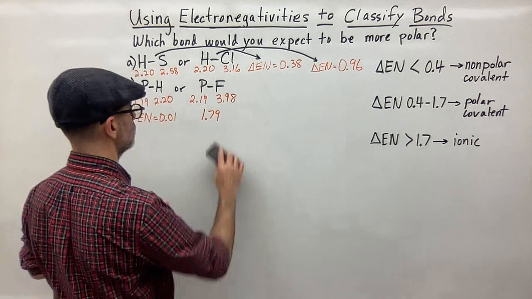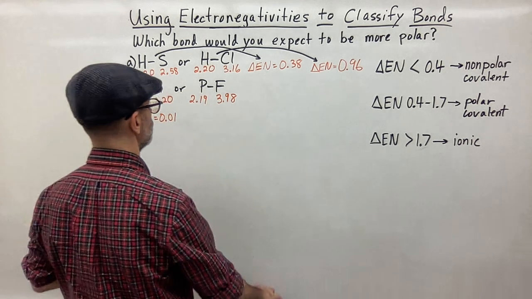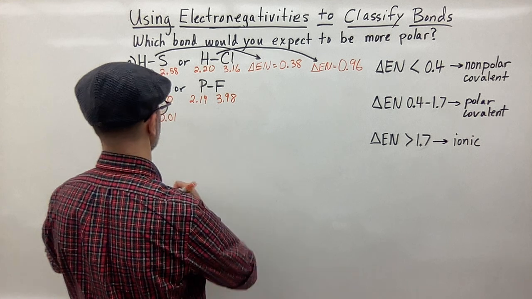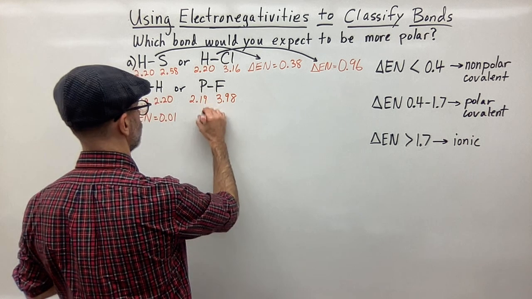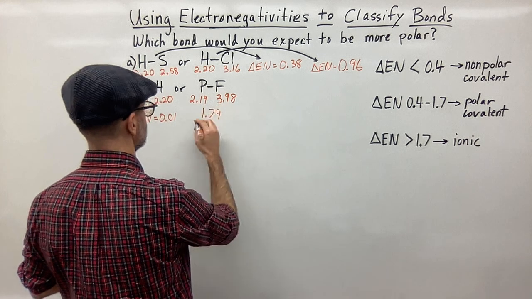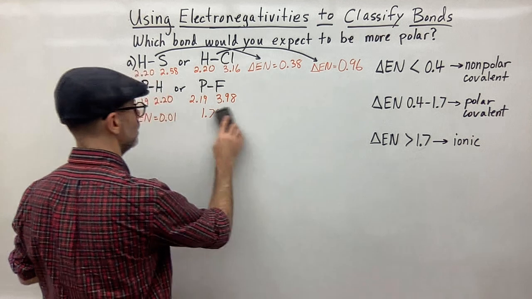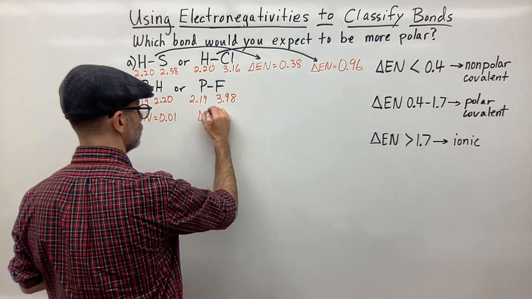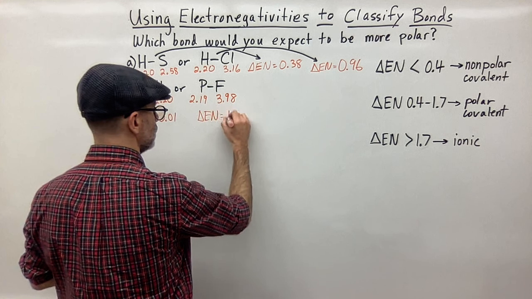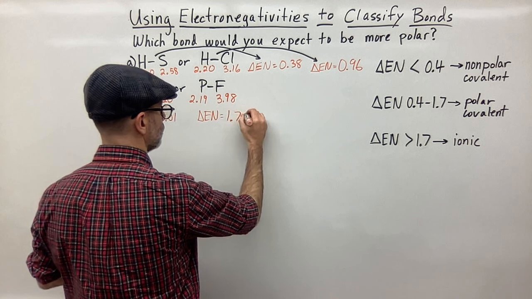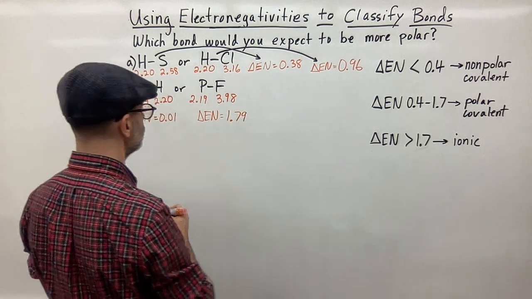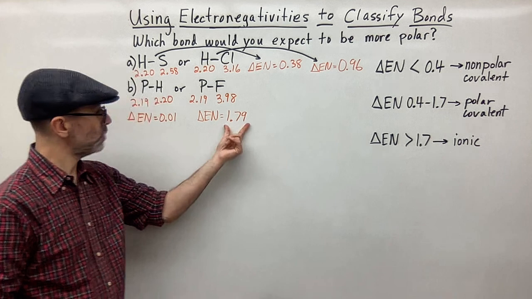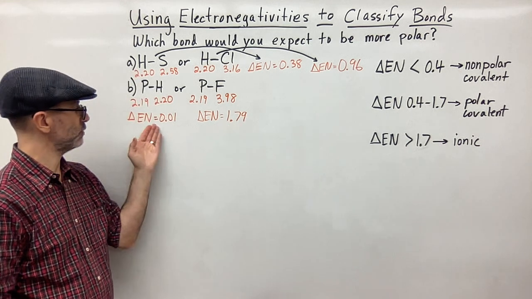Yes, that is correct. So 1.79 is the electronegativity difference. And so a much bigger electronegativity difference in this one.